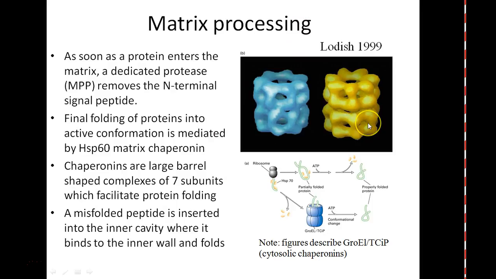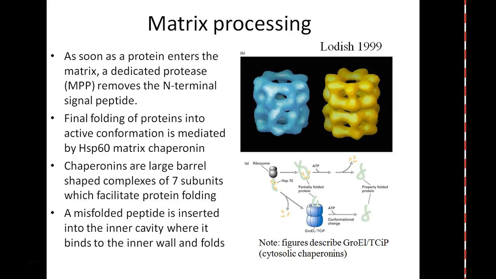So I just wanted to talk a little about the chaperones and their amazing structure. They look like barrels, and the barrels are formed by those 7-subunit ring-like structures. They are able to use ATP energy, and they are able to interact with the unfolded proteins.